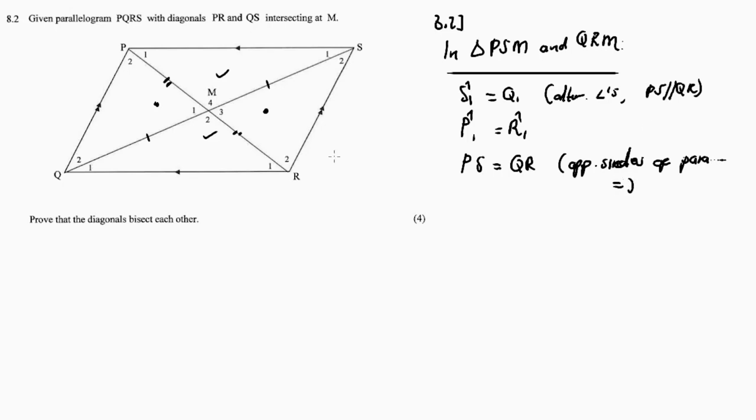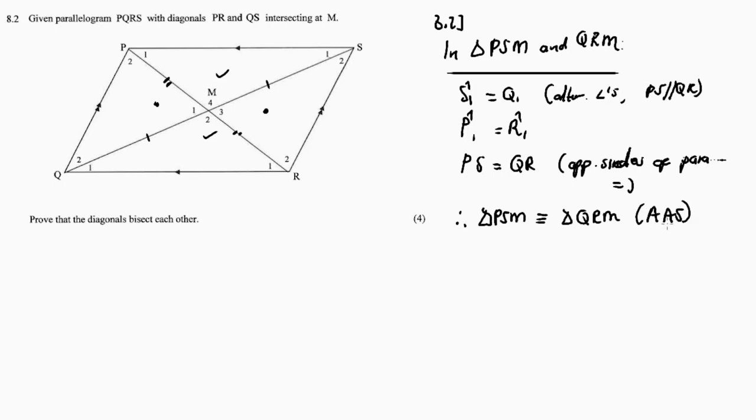This is a property of a parallelogram: the opposite sides are equal. Therefore we can conclude that triangle PMS is congruent to triangle QRM. How do we prove it?